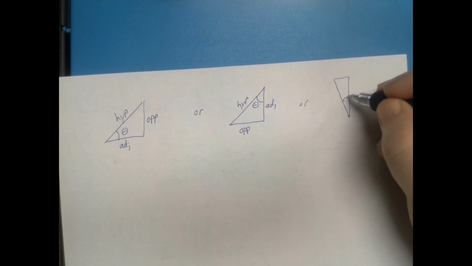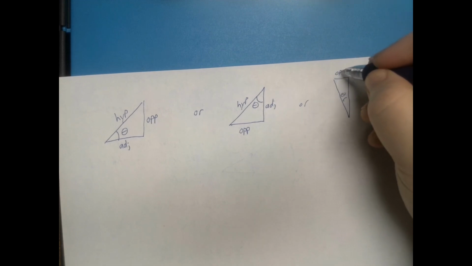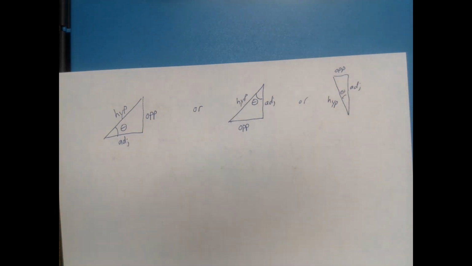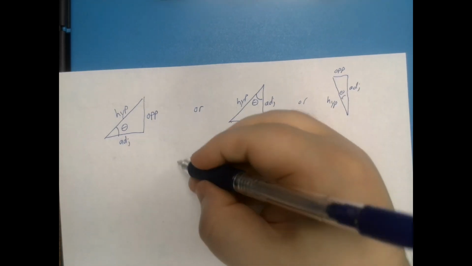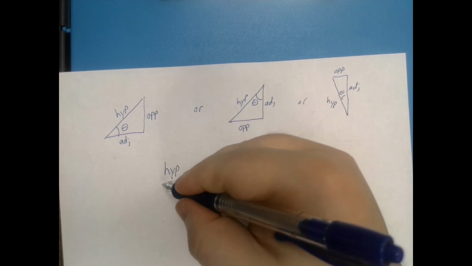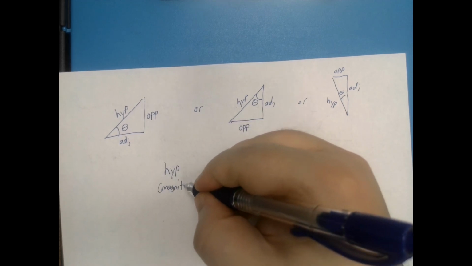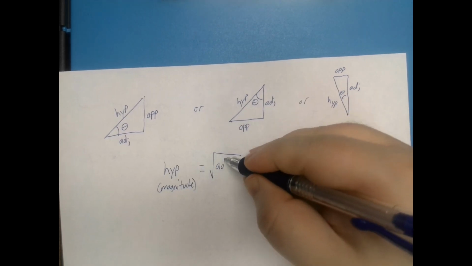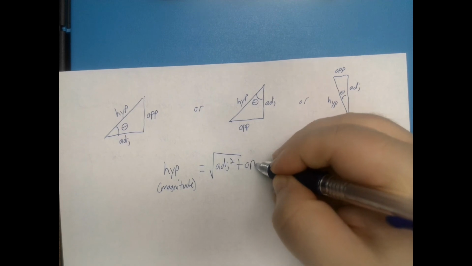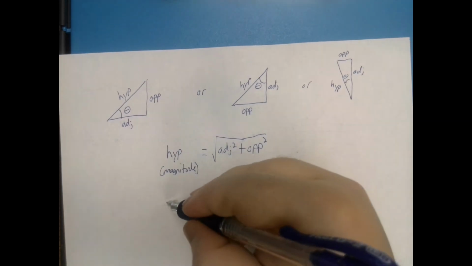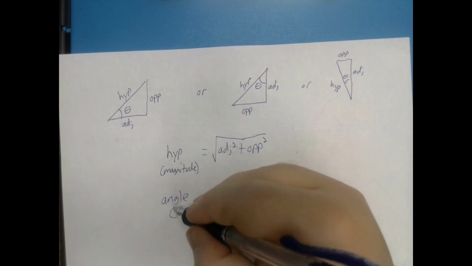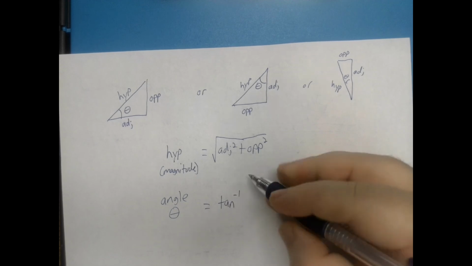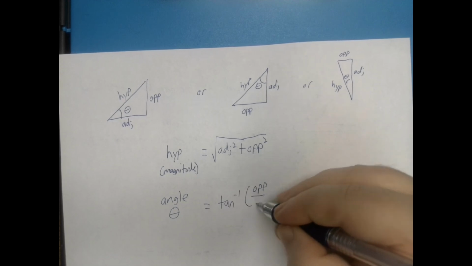Or we can have something like this, theta, where this would be opposite, this would be adjacent, this would be hypotenuse, or any other way of rotating it. Hypotenuse, or magnitude, would be equal to the square root of adjacent squared plus opposite squared. And the angle, theta, would equal the inverse tangent of opposite over adjacent.